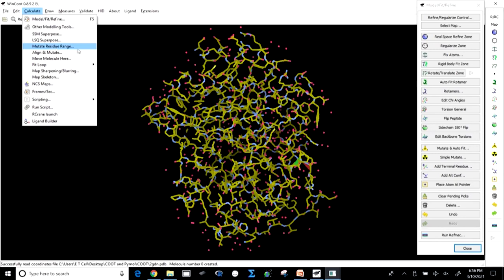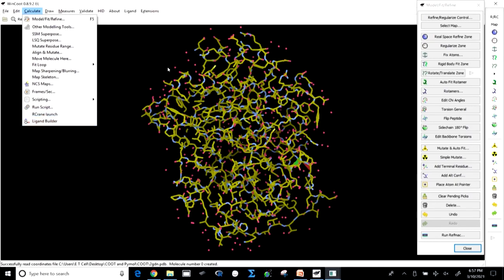Mutate residue range, align and mutant, move molecule here, fit loop by doing Ramachandran help, fit loop by database search, map sharpening, blurring, map skeleton. NCS is non crystallographic symmetry based maps, frames, scripting. You could introduce script here, you could run script, you could do ligand bind, you could do arcane launch.